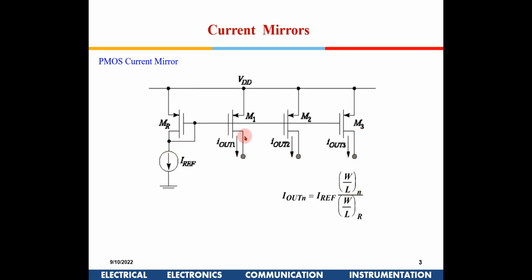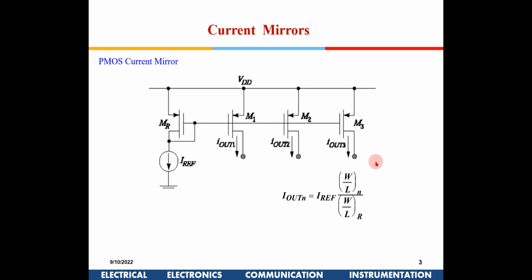Again here, this is the source of a PMOS at VDD, and this is the gate. So SG is the same for all these transistors. If SG is fixed, then the current ratio will be decided by the W by L ratios with respect to the reference transistor. So I can get different I outs.